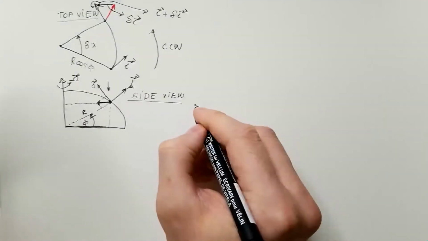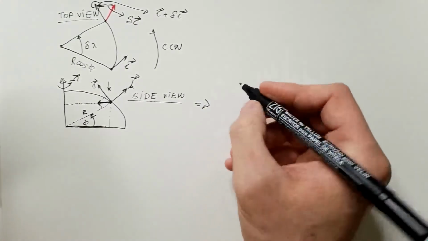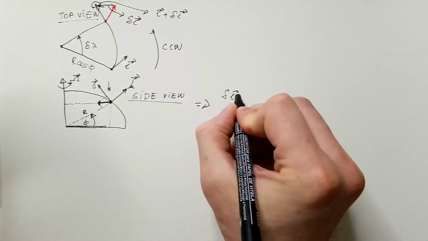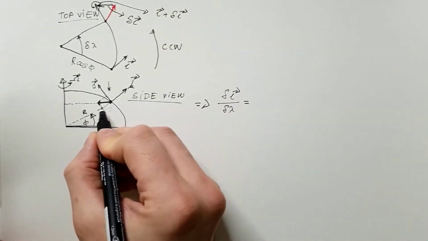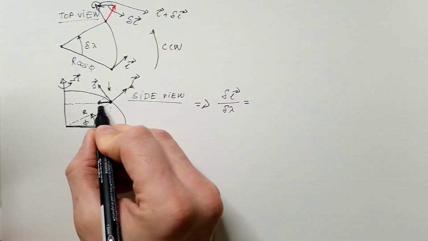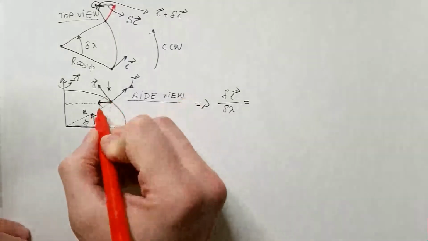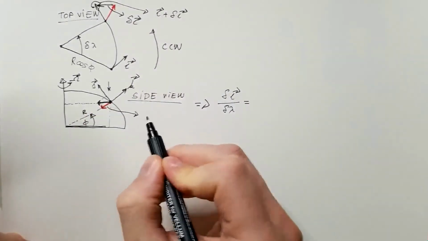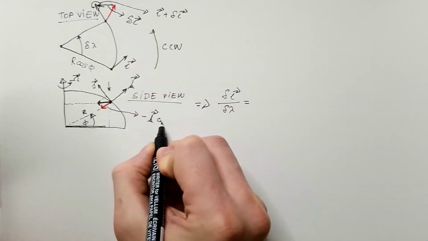I hope you can see these things. So from figure I can conclude that this delta I over delta lambda is equal, well, this projection of vector delta I, and that is clearly negative k cosine phi.